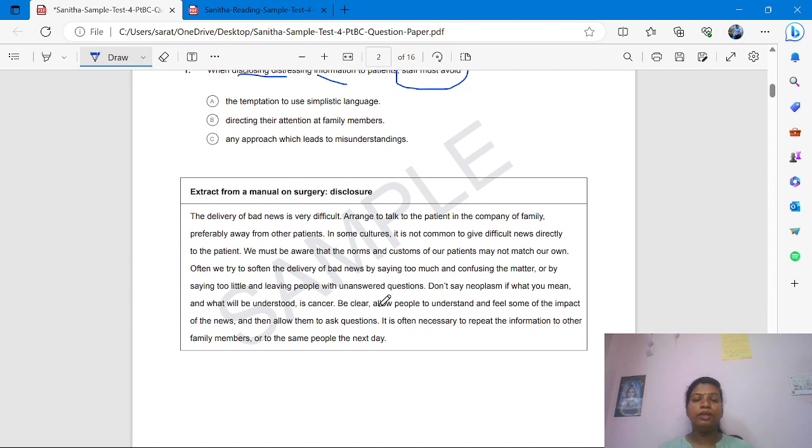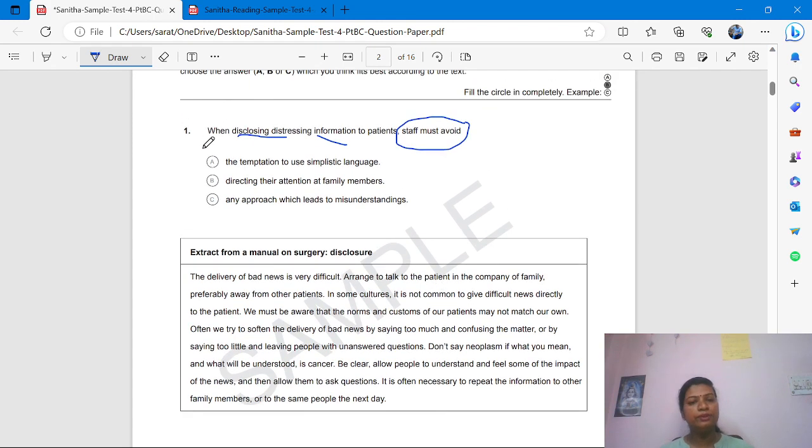So what we have to do is be clear, allow people to understand and feel some of the impact of the news. If we say it like that, the patient can understand the meaning properly, and we have to allow them to ask questions. Sometimes we have to repeat the information again to family members too. So this is the overall information.